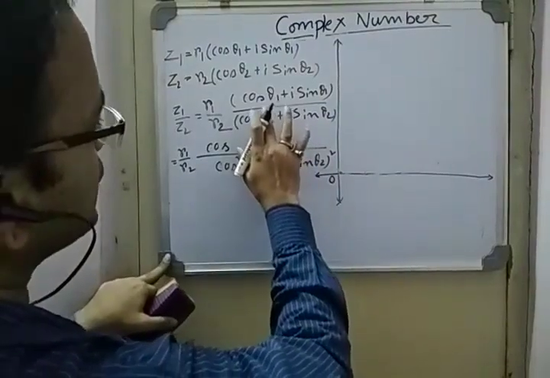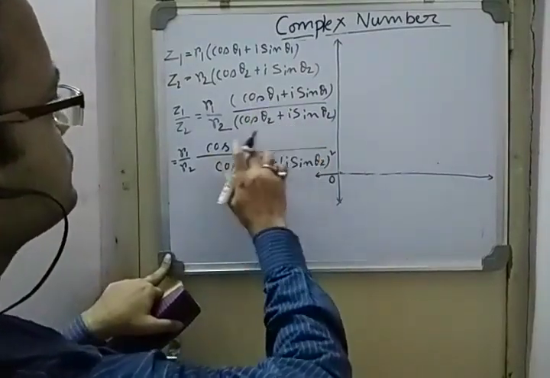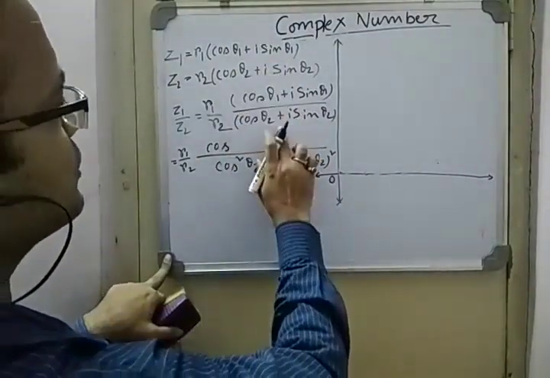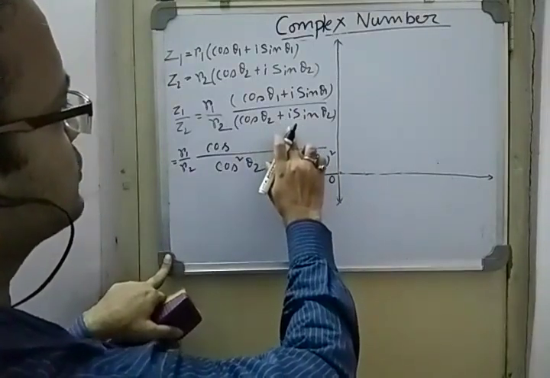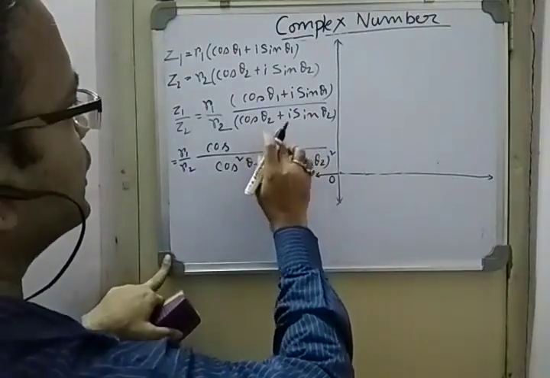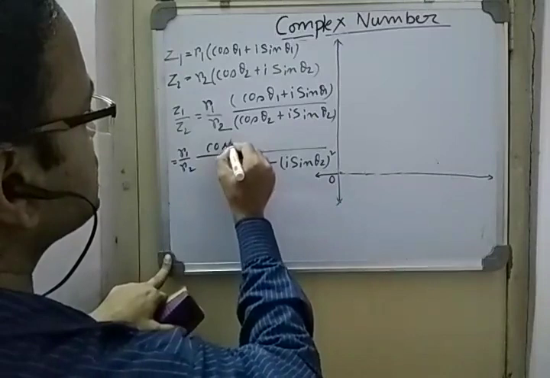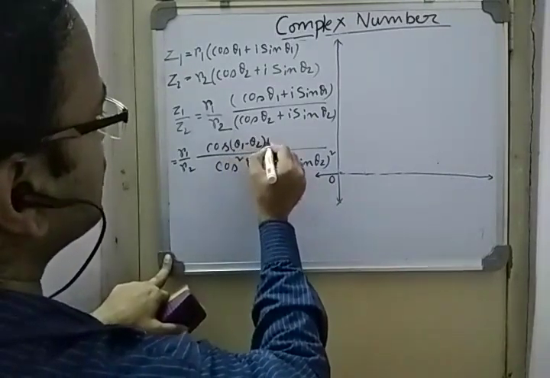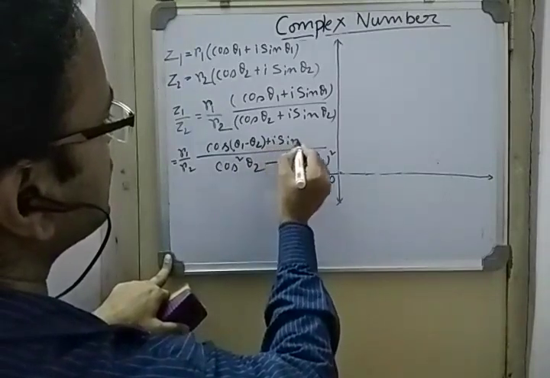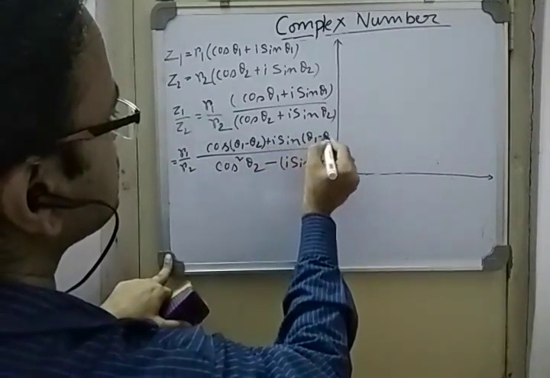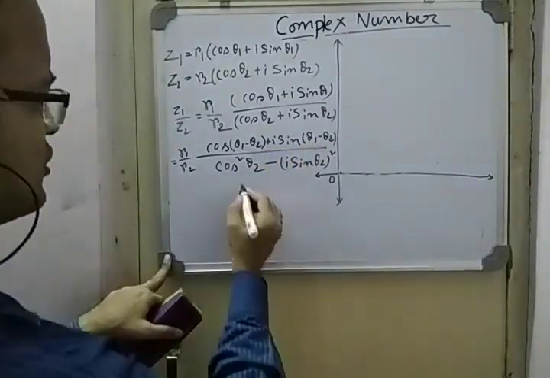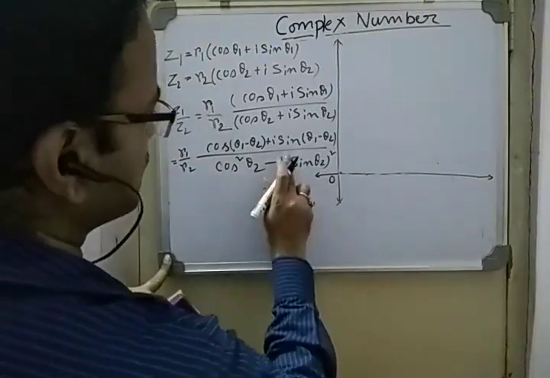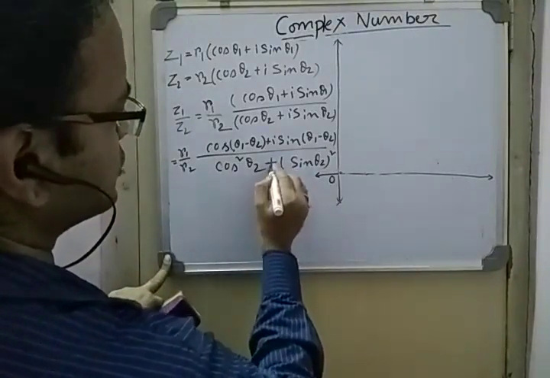So here, Z1 by Z2, I am multiplying with the minus of this. The result in the same way will be cos of theta 1 minus theta 2 plus I sin of theta 1 minus theta 2. This part is I square, and I square is minus 1, so it makes it plus 1.